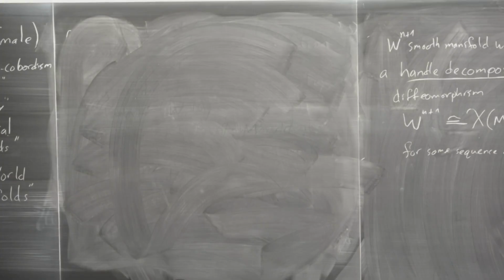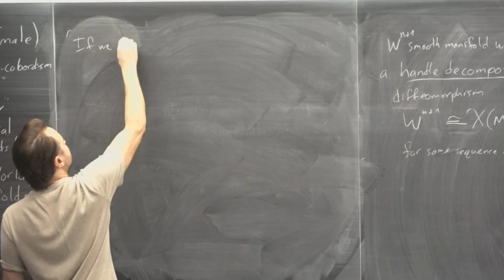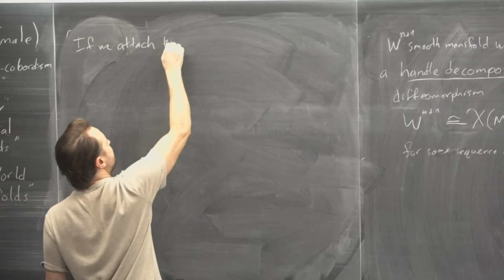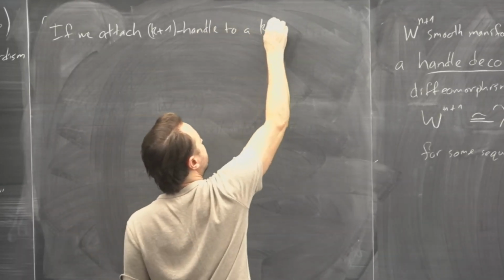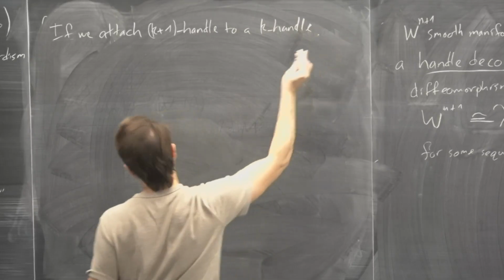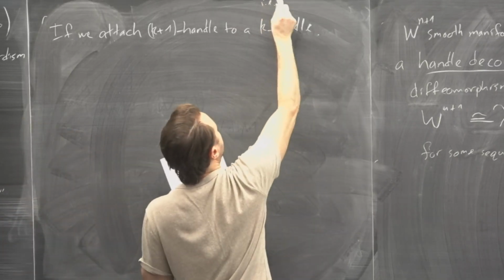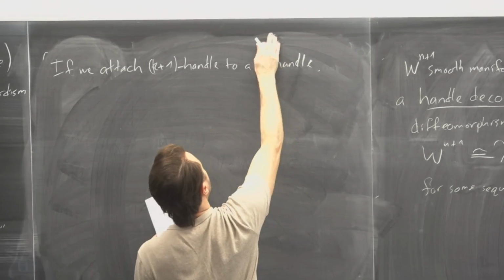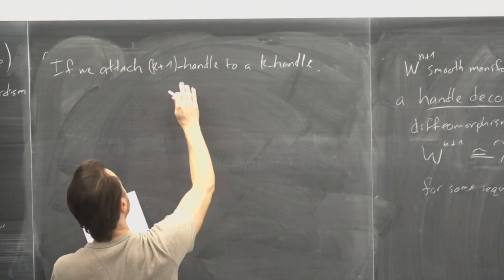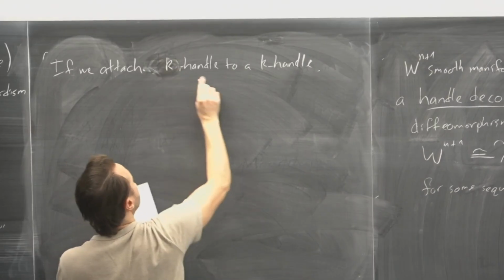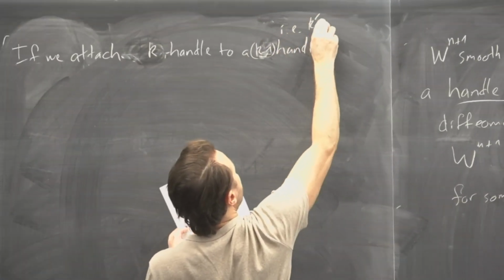In particular, let's do another little calculation. So if we attach a k plus 1 handle to a k handle, so what are the numbers? I'm going to follow my notes. i.e. k' is equal to k minus 1.